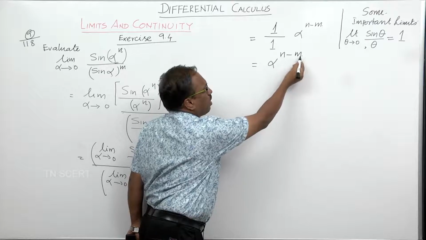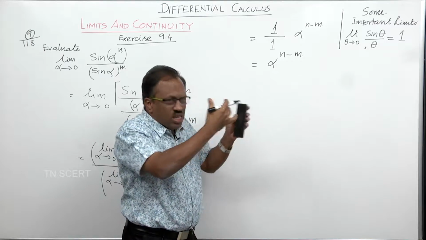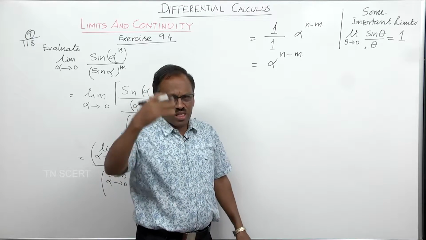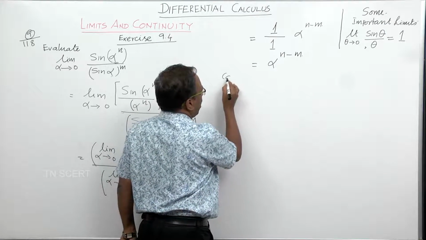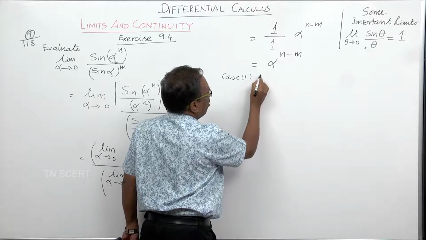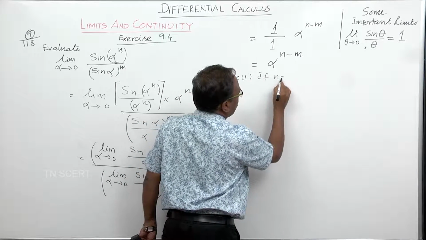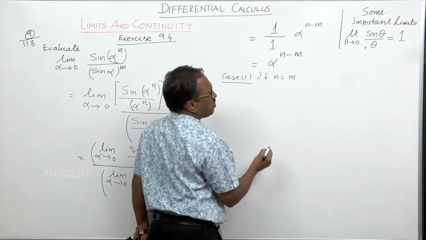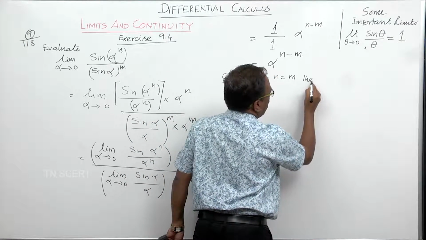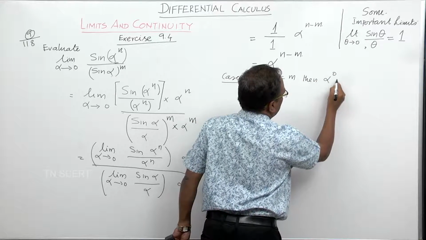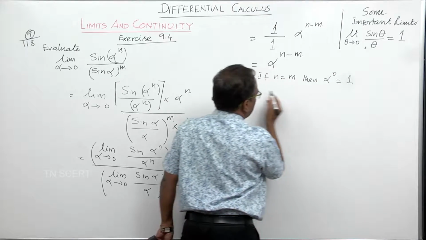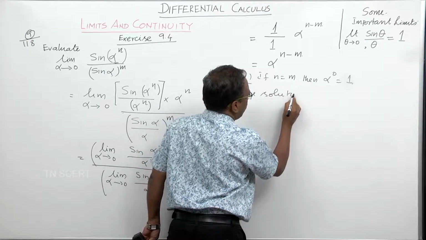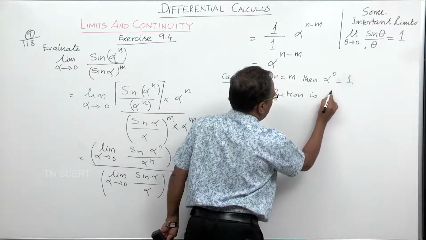Here we can discuss some cases, because n minus m can take some cases. Case 1: if n is equal to m, what happened? Then the exponent is 0, and alpha power 0 is nothing but 1. The solution for this case is 1.